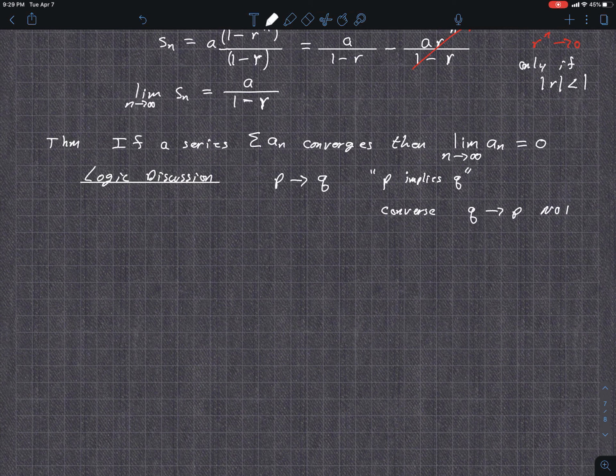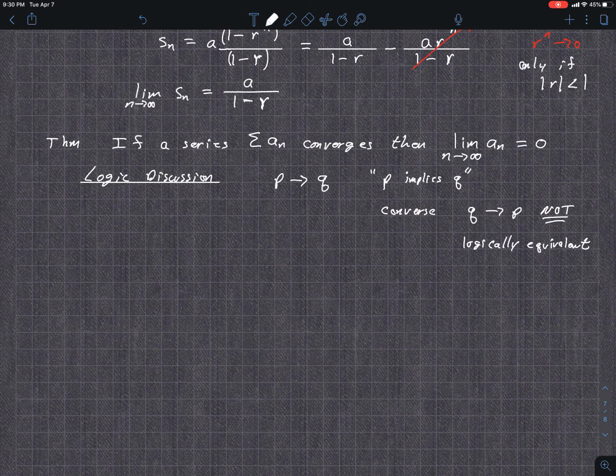So the converse is Q implies P, and that is not logically equivalent. You could use any sort of implication you can come up with.